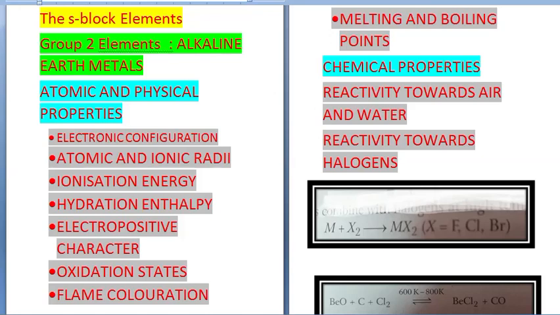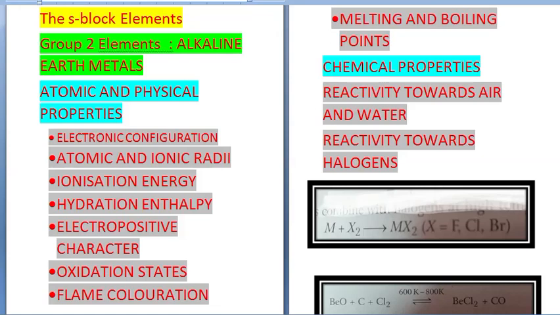So minimum hydration enthalpy is of Ba2+ and maximum is of Be2+. But due to smaller size than those of corresponding alkali metal cations, group 2 cations are more extensively hydrated. They get more hydrated compared to alkali metals.